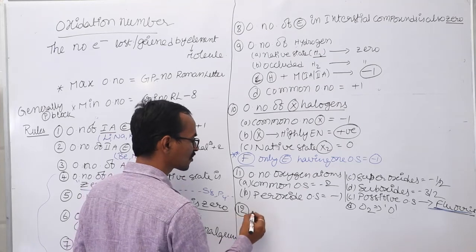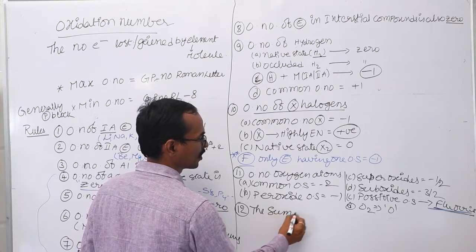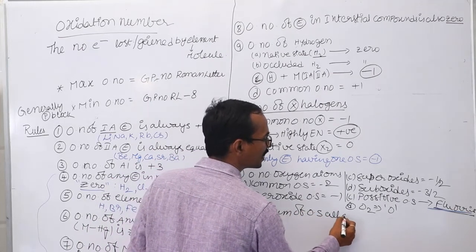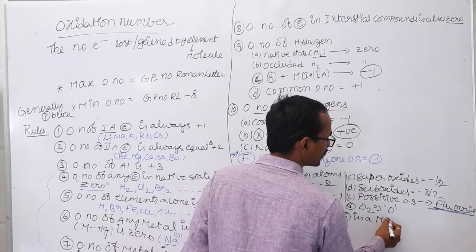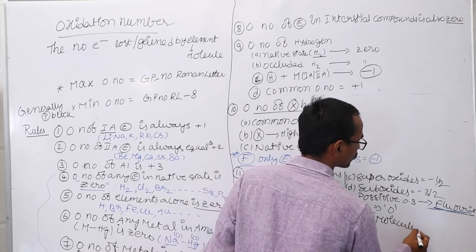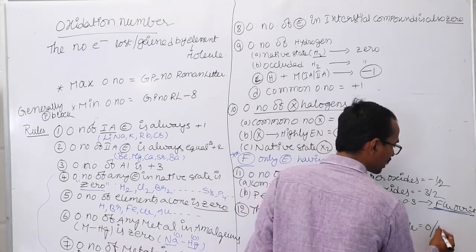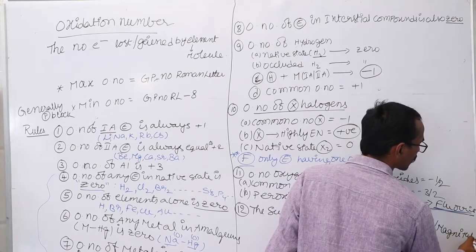Next, the sum of oxidation states of all elements present in a molecule is equal to 0, or equal to the magnitude of the charge present on it.